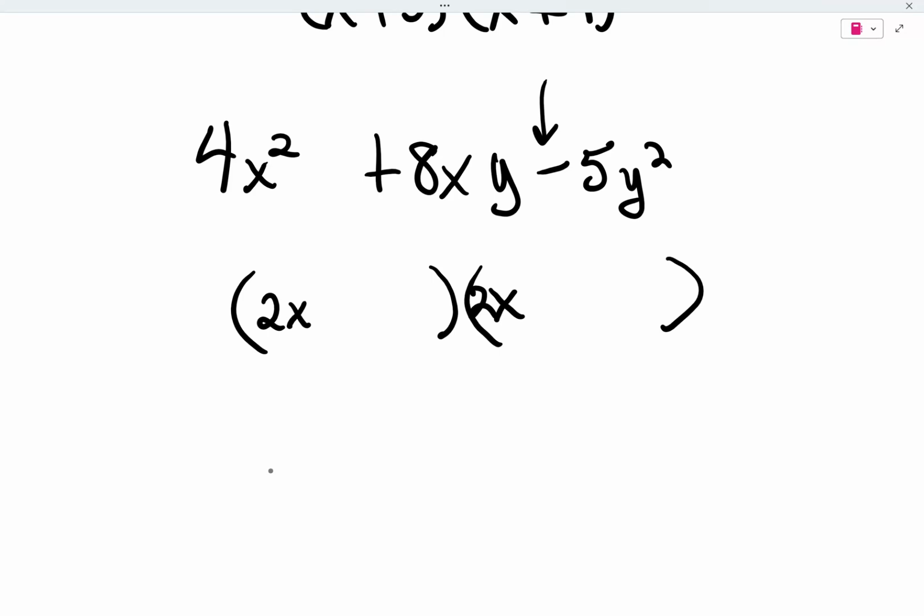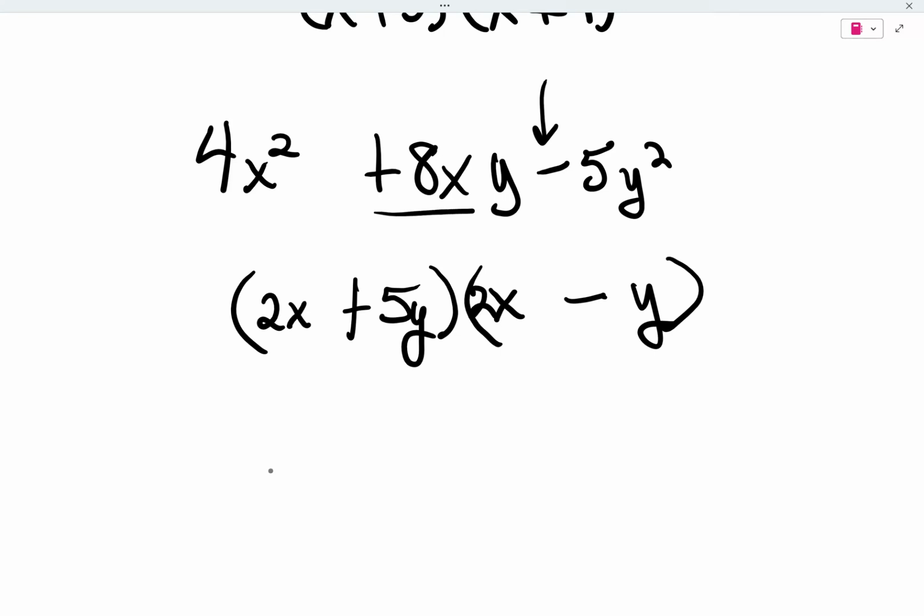Would it be the +5 in the first bracket? Okay, so you want +5y here, by the way. And here you want obviously -1y, right?